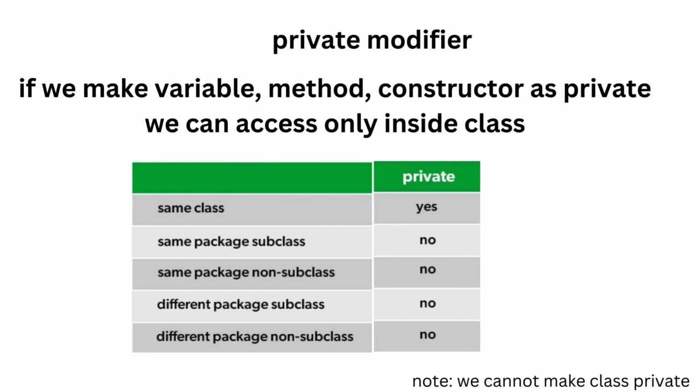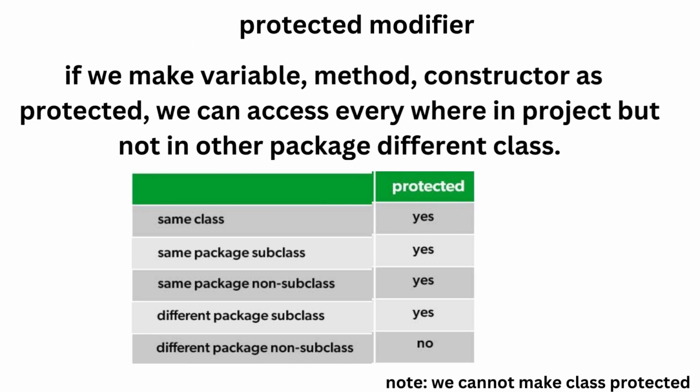If any data member, method or constructor is prefixed with the private modifier, then that particular member is able to be accessed only within the class. If we prefix any member of the class with the protected modifier, whether it be a variable, method or constructor, then we are able to access that member within the same package, and along with that we can access that member within the subclass of another package.